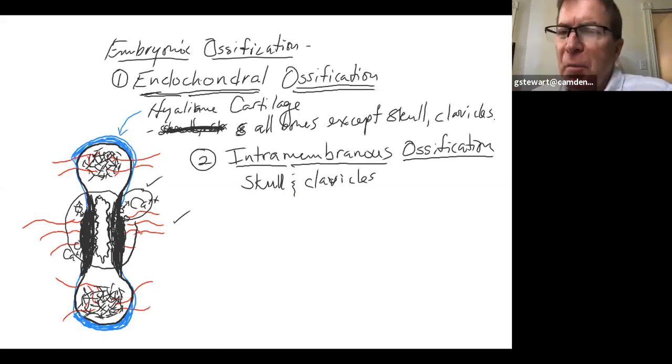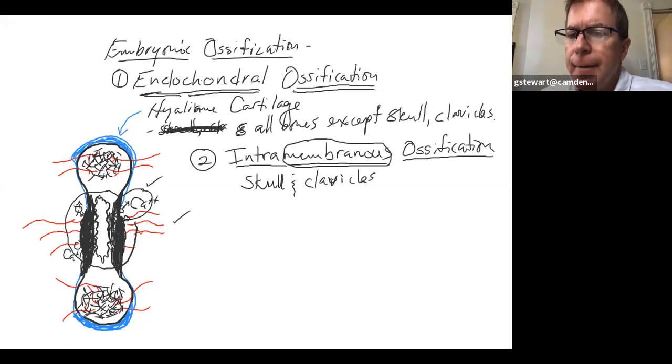This one's a bit simpler than the first one. It's not quite as sophisticated. We do not start with a hyaline cartilage model. What we start with are membranes, fibrous membranes. I'm just going to pick a color that's different than blue.